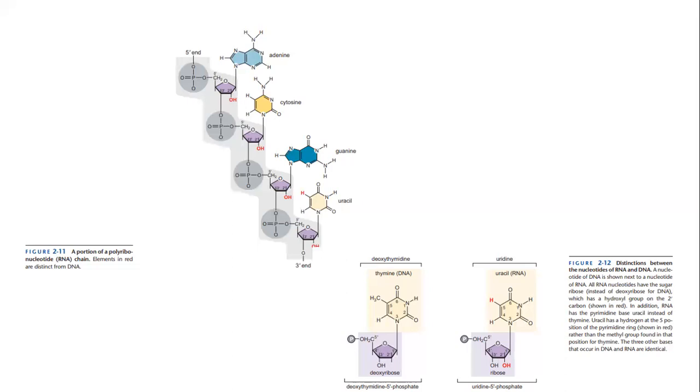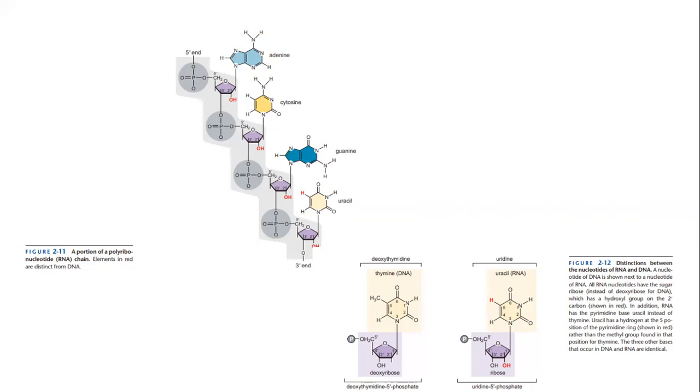The RNA molecule, once formed, will move out of the nucleus into the cytoplasm, and there they will determine the arrangement of amino acids within the protein.